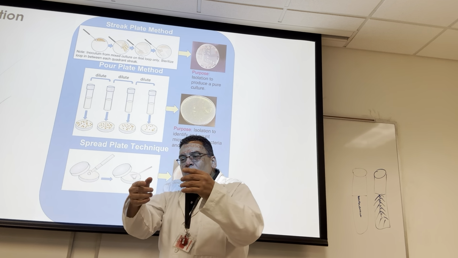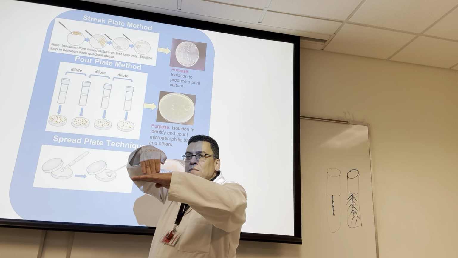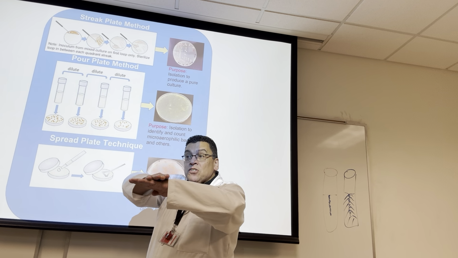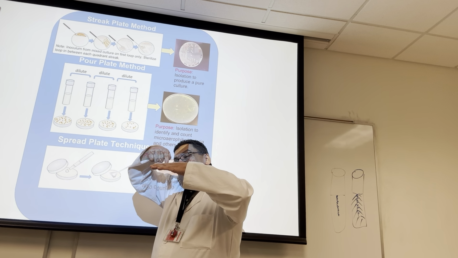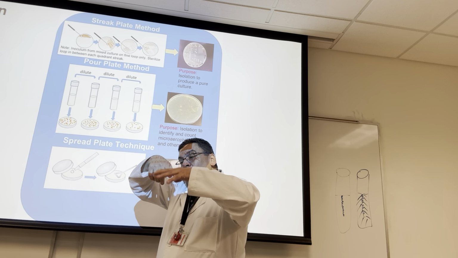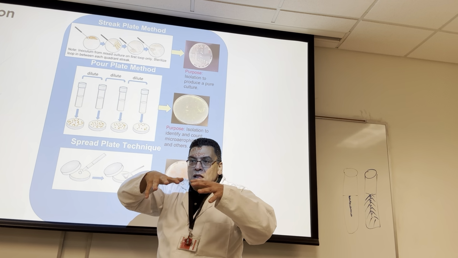You catching it? Oxygen, look over here. Oxygen cannot penetrate through the media. It can hit the surface of the media, kill all of them. But it's the deeper ones. Remember, you're mixing the bacteria. So you're gonna have some that end up on the surface, but a lot of them are gonna be embedded within the media.